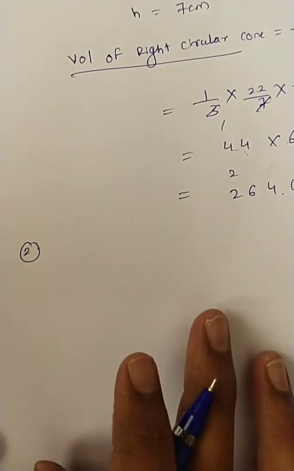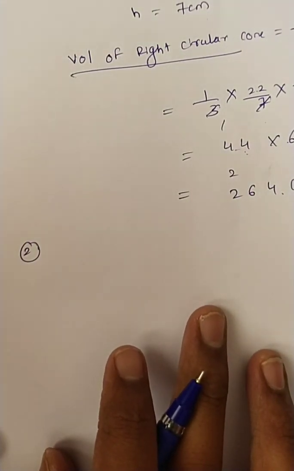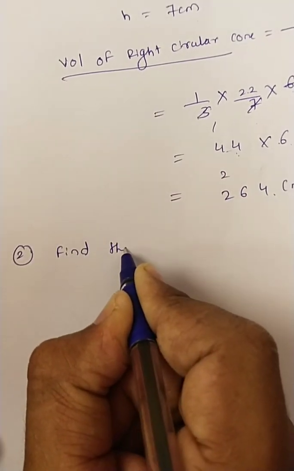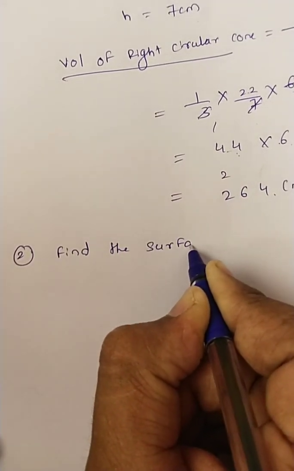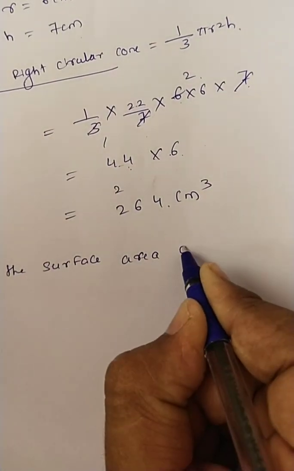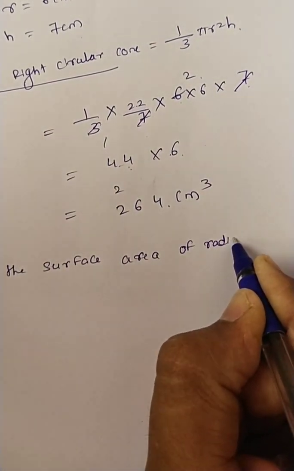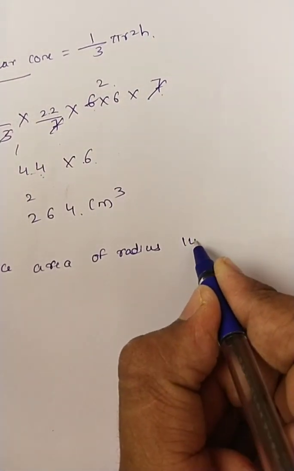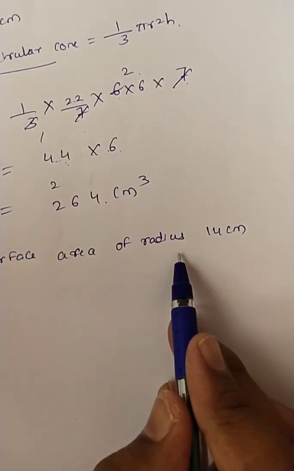Now one more question I am going to solve: find the surface area of a sphere of radius 14 centimeter. See here, radius is given.